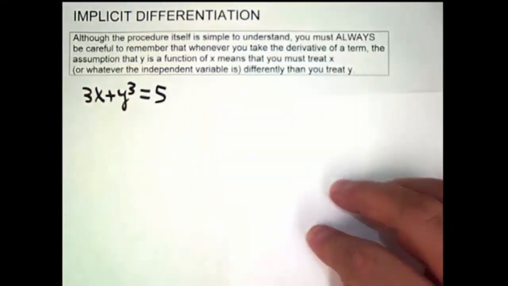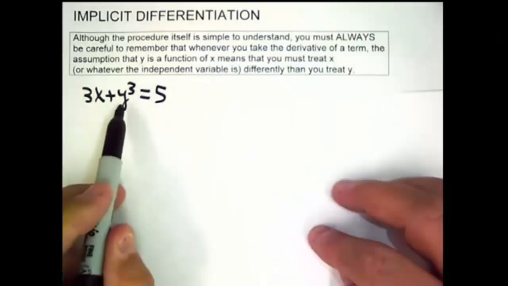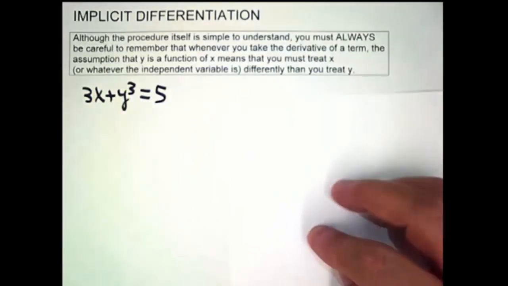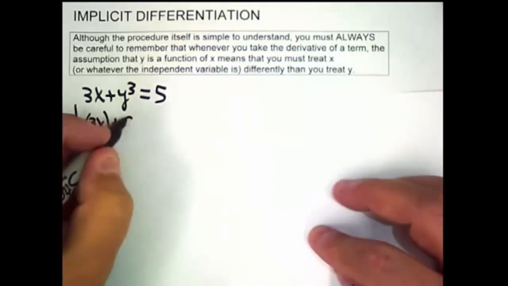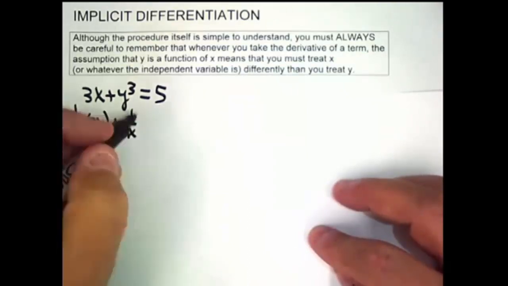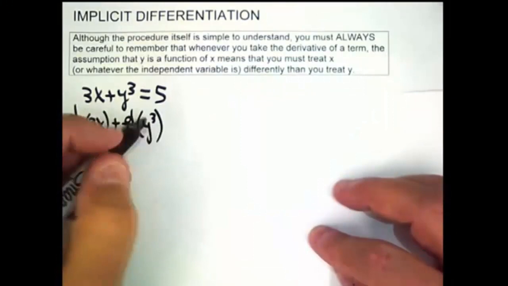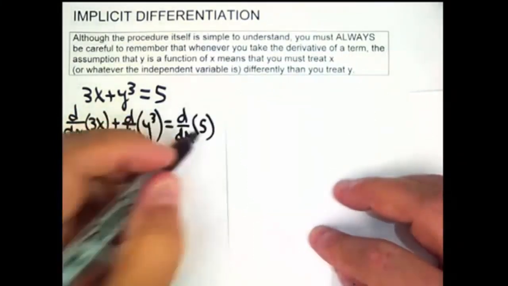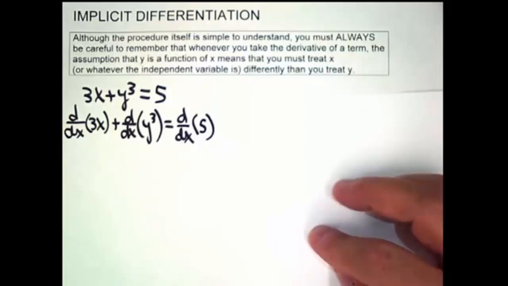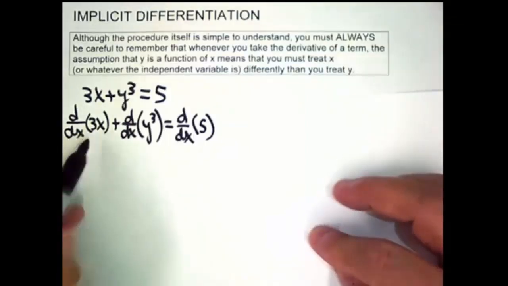Looks pretty similar, but it's more complex because the term involving y is more complex. But the procedure begins just the same. You take the derivative term by term. As before, the derivative of 3x is 3.